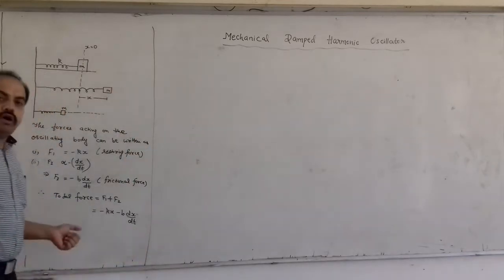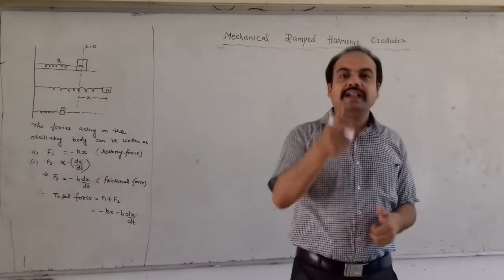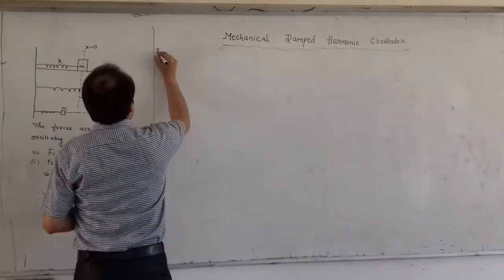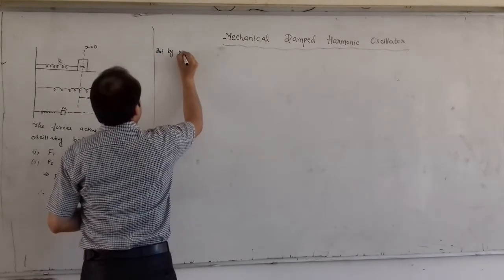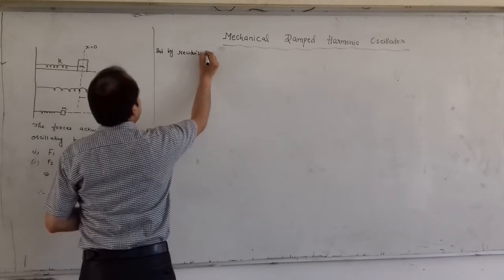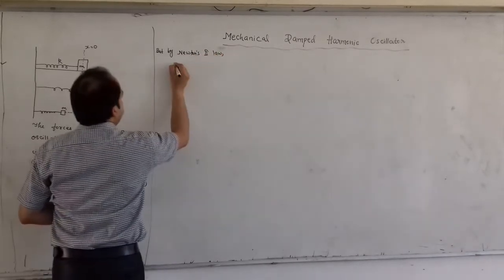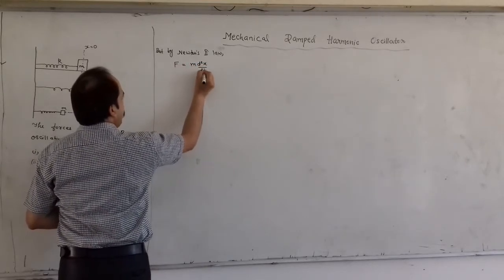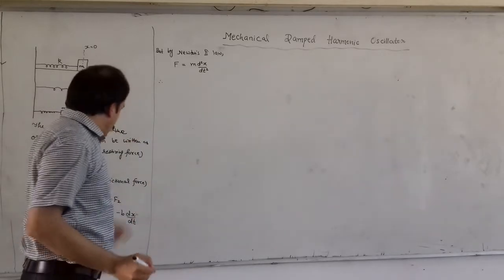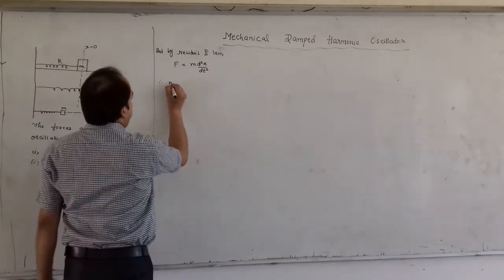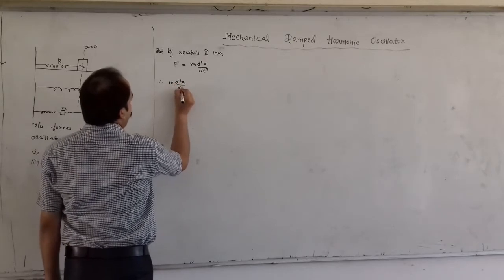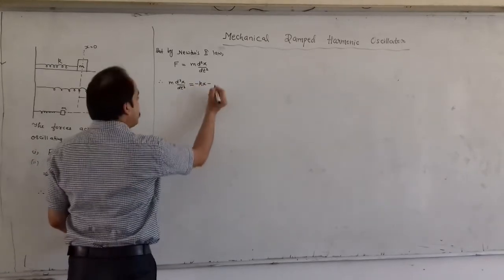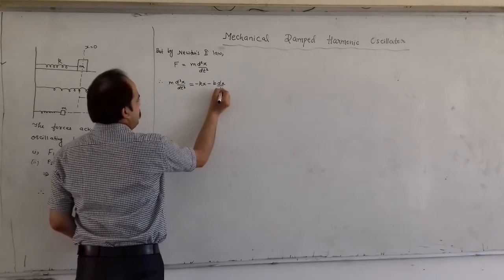But by Newton's second law, F is equal to m d2x upon dt square. Equating these two expressions for the force, we can write m d2x upon dt square equal to minus kx minus b dx by dt.